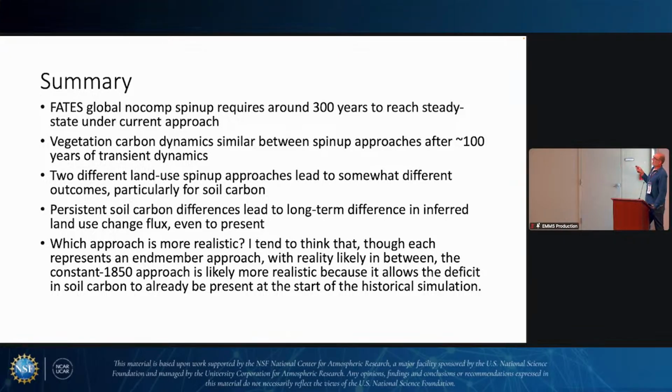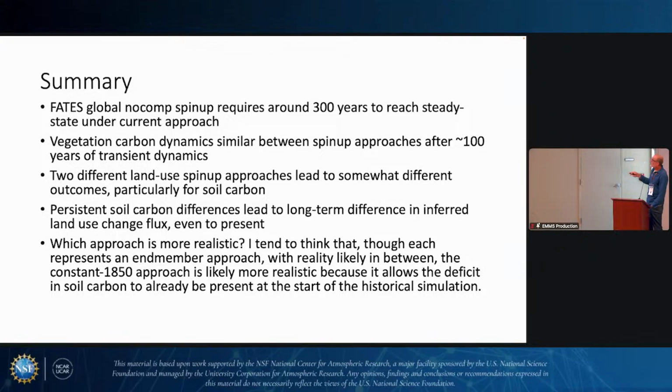Okay, so just to summarize, doing the spin-up itself in phase requires about 300 years to reach steady state under this current approach. And this is the simplest version, carbon-only dynamics. It'll get slower when we turn on nutrients. But that's roughly what it takes to get a coupled vegetation and soil carbon steady state.